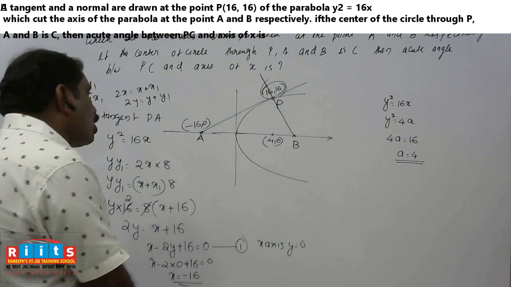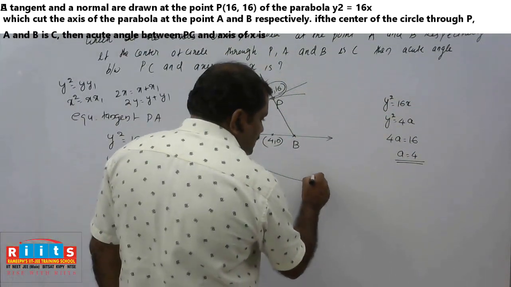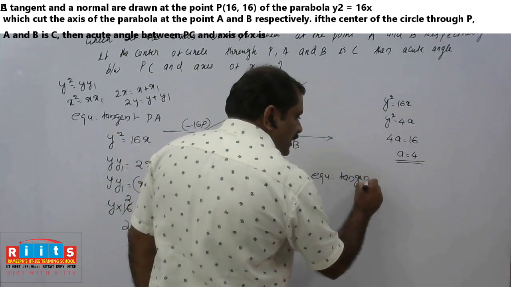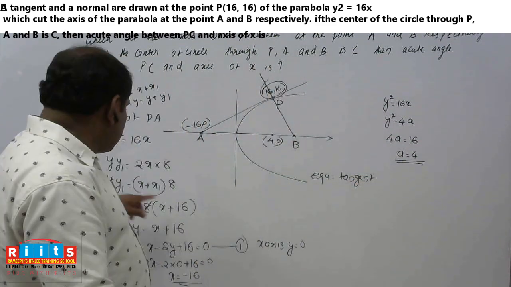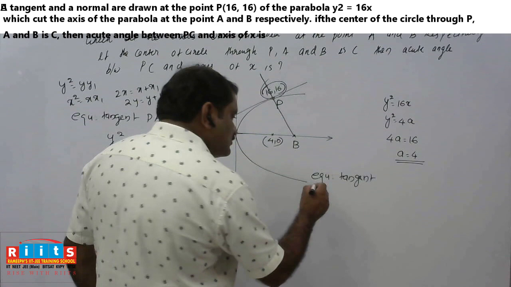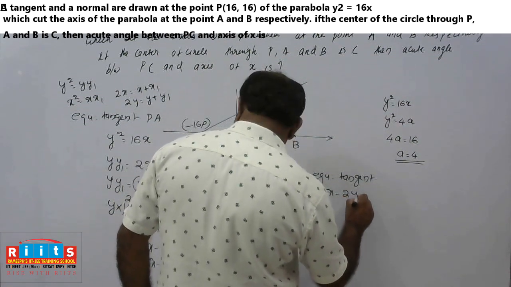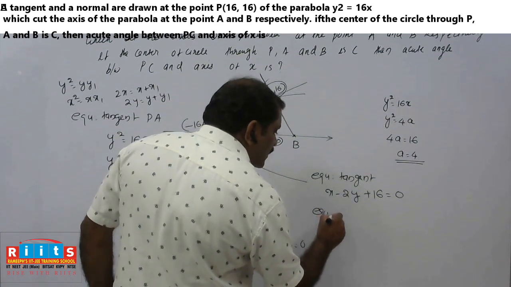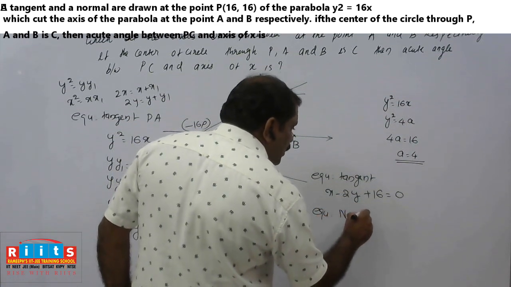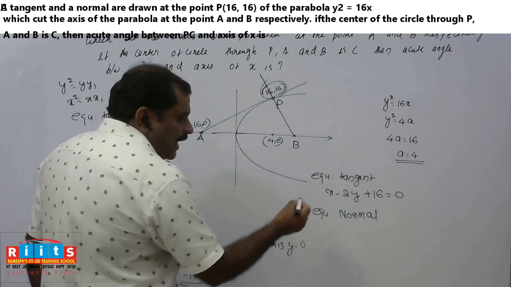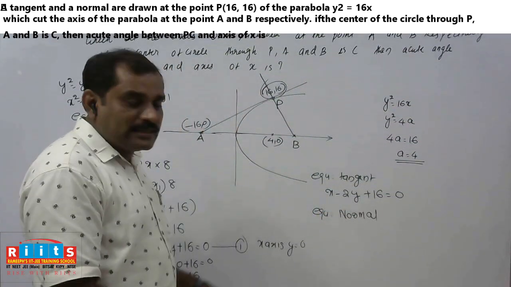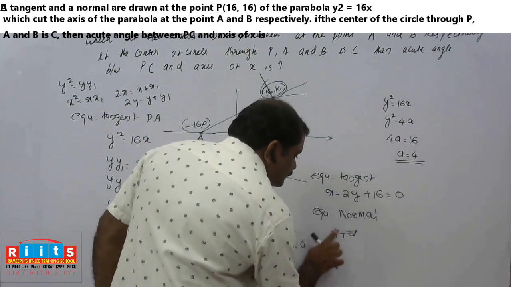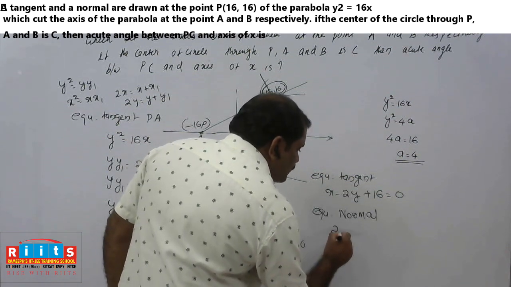Then the equation of normal. Here the equation of tangent is x minus 2y plus 16 is equal to 0. What is the equation of normal, which is perpendicular to the tangent?